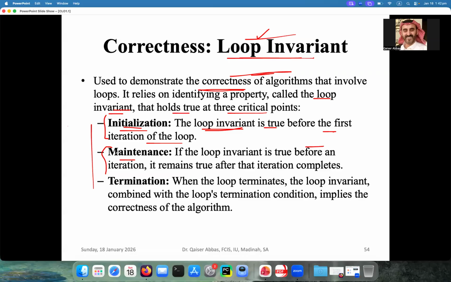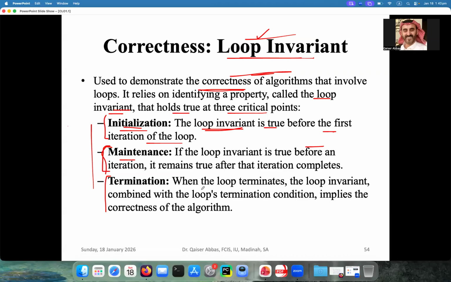So you check i = 0 first, as initialization. Then after i = 0, if it is true, it will also be true for the next. You will see. So you have to take this definition also in your mind.